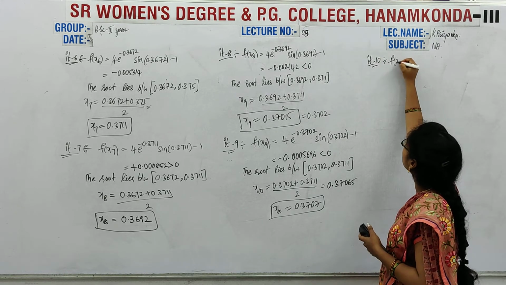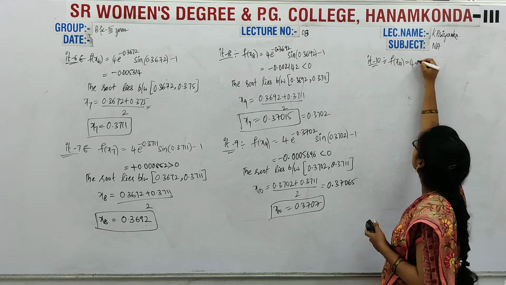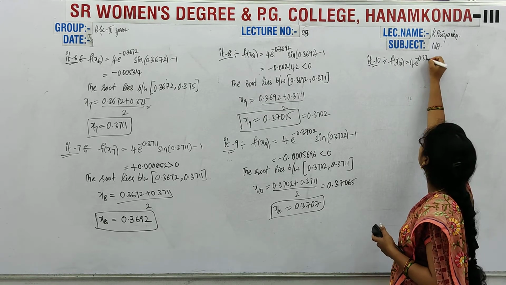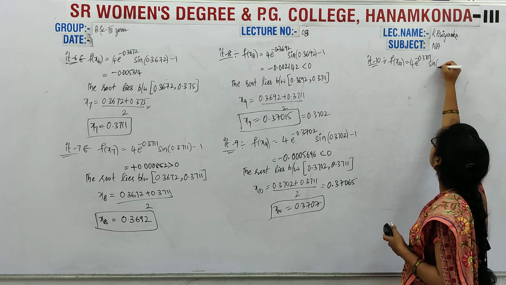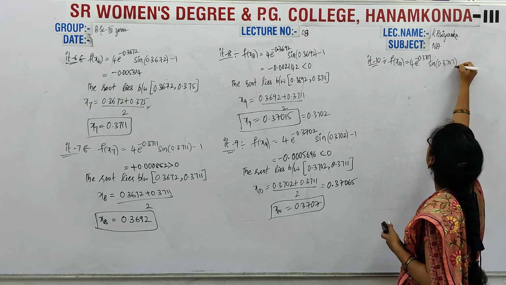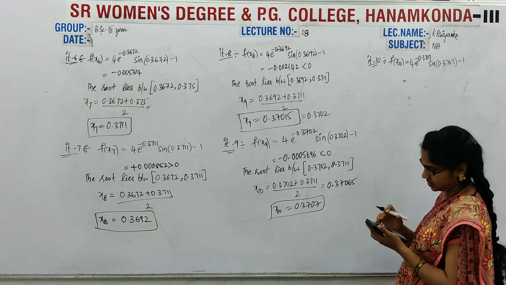Okay, now f of x10 equals 4 into sine of 0.3707 minus 1.